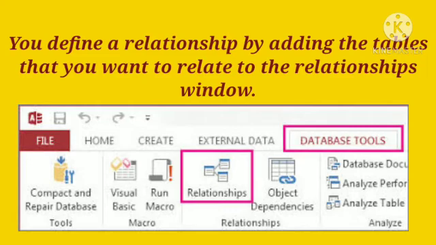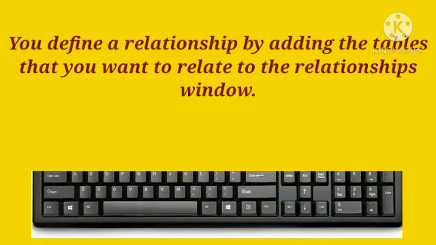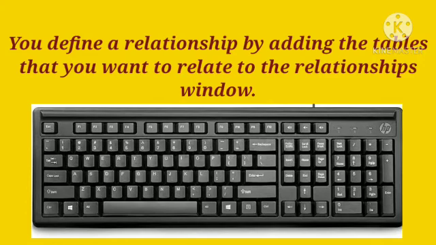You can also define relationships by using the keyboard. Use F11 to switch to the Database window. Press Alt+T to select the Tools menu and then press R to open the Relationships window. If the Show Table dialog box does not appear, press Alt+R to select the Relationships menu and then press T to open the Show Table dialog box.